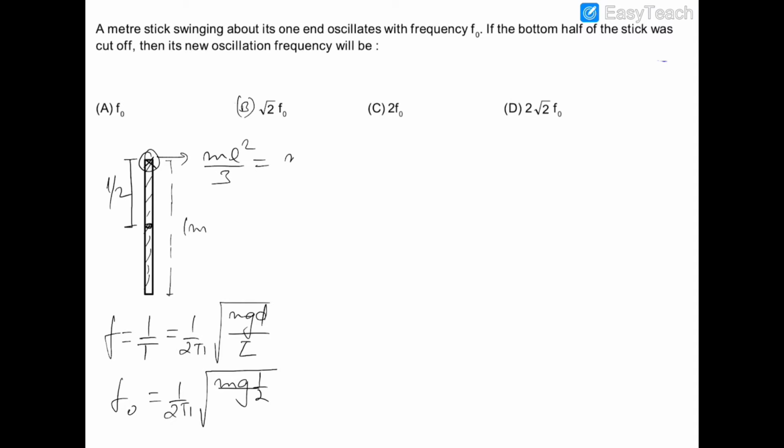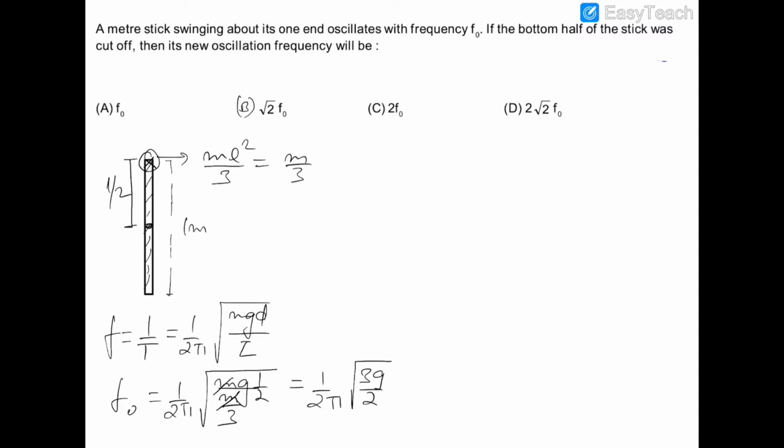So this is m by 3 because l is 1. So you can see that this is 1 upon 2 pi under root of 3g by 2.